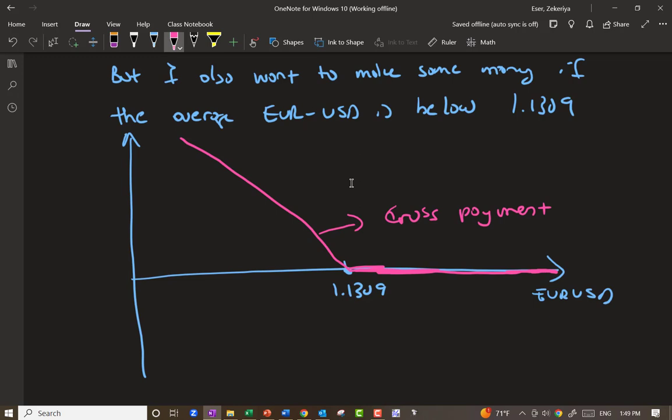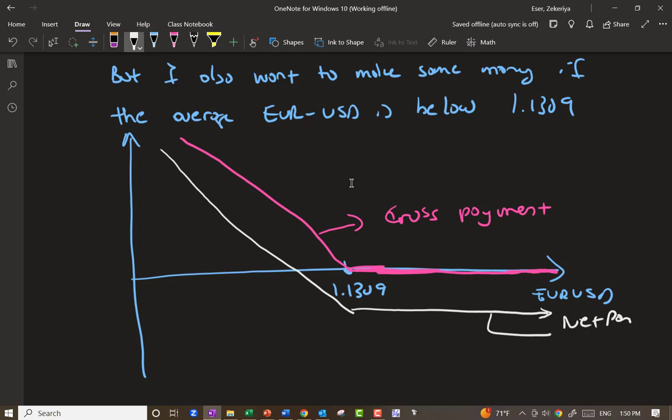It basically says, if it's below 1.1309, I'm going to pay you. If it is above, we're even. That means if I'm giving you that contract, I'm taking that risk. So I'm going to charge you something. So there's going to be a net payoff. This is the net payment. And this amount is actually the option premium.